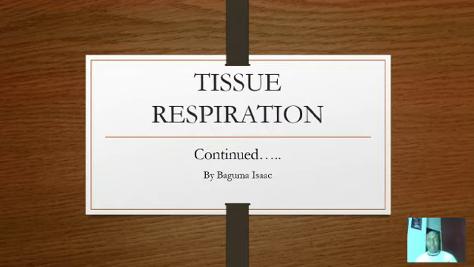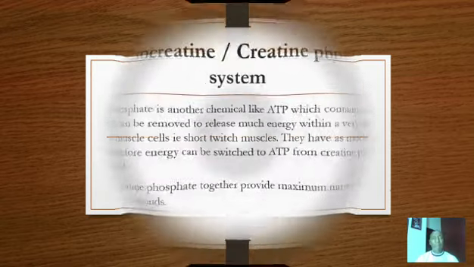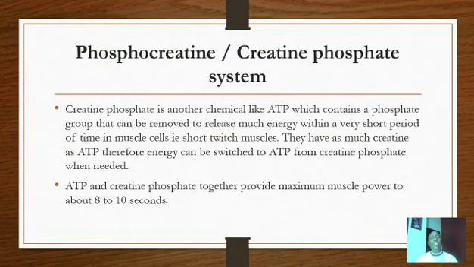So today's lesson, we move ahead and we look at what we call the phosphocreatine, also known as the Creatine Phosphate system. Now, what do we mean when we talk of the Creatine Phosphate system? Or what do we mean when we talk of the phosphocreatine system?